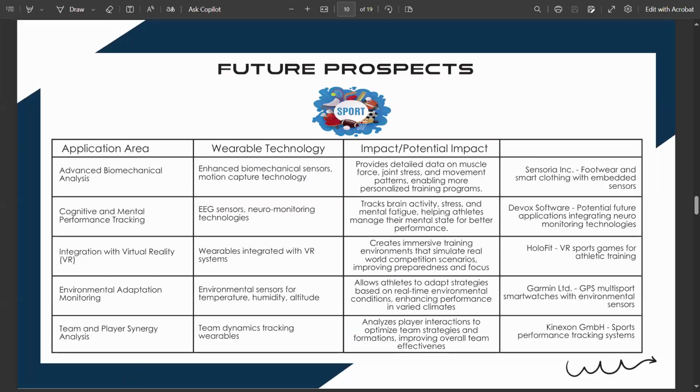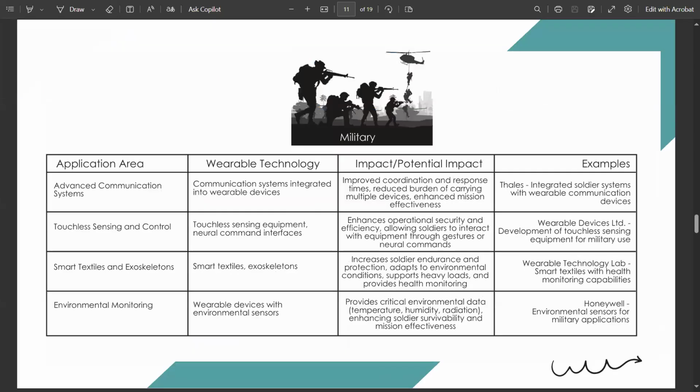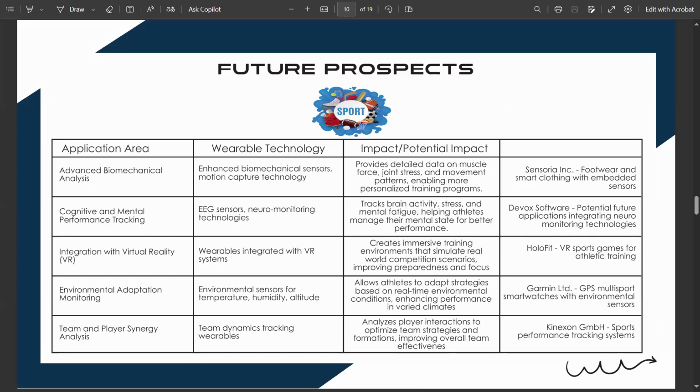Now, having looked at the history and currently available devices, I have picked only two major applications of wearable technology. These are sports and military. For sports, we have advanced biomechanical analysis, performance tracking, integration with virtual reality, environmental adaptation, and team and player synergy analysis.